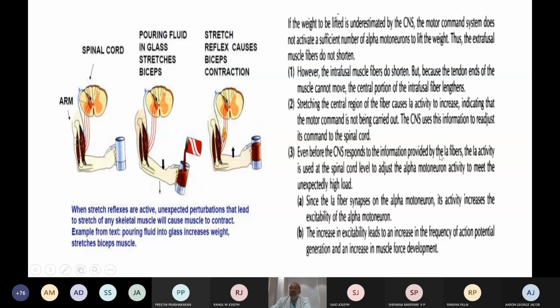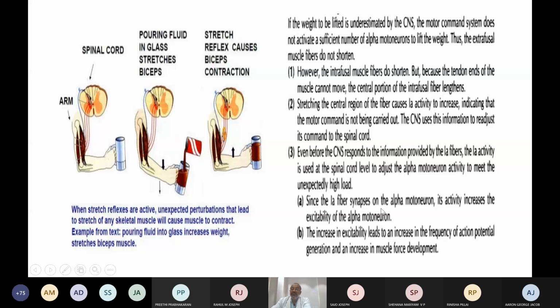The central nervous system uses this information to readjust its command to the spinal cord. Even before the central nervous system responds to the information provided by 1A fibers, 1A activity is used at the spinal cord level to adjust alpha motor activity to meet the unexpected high load.